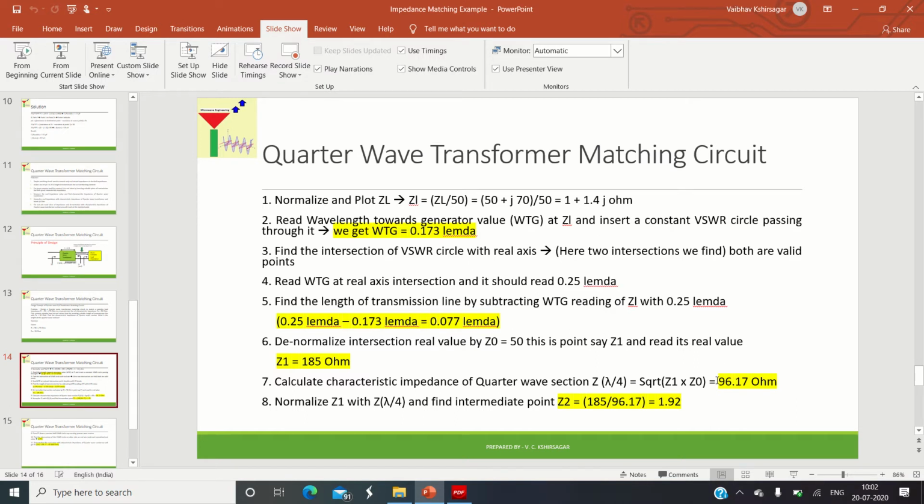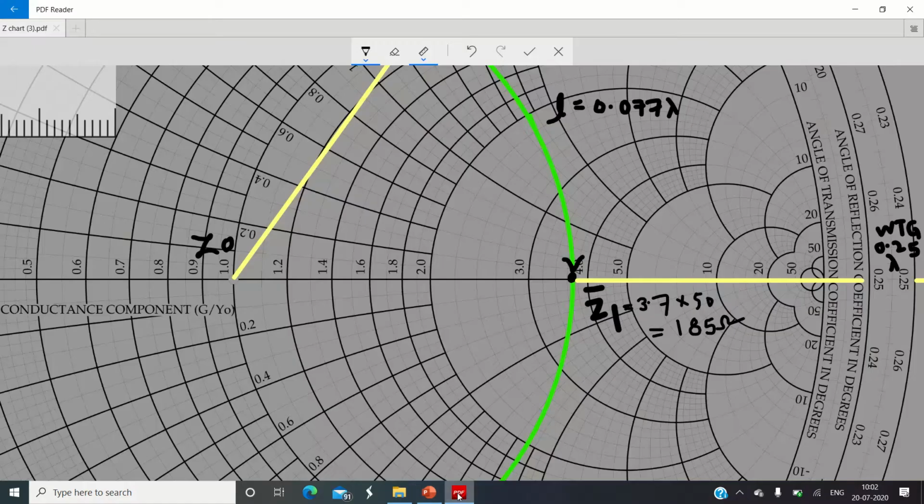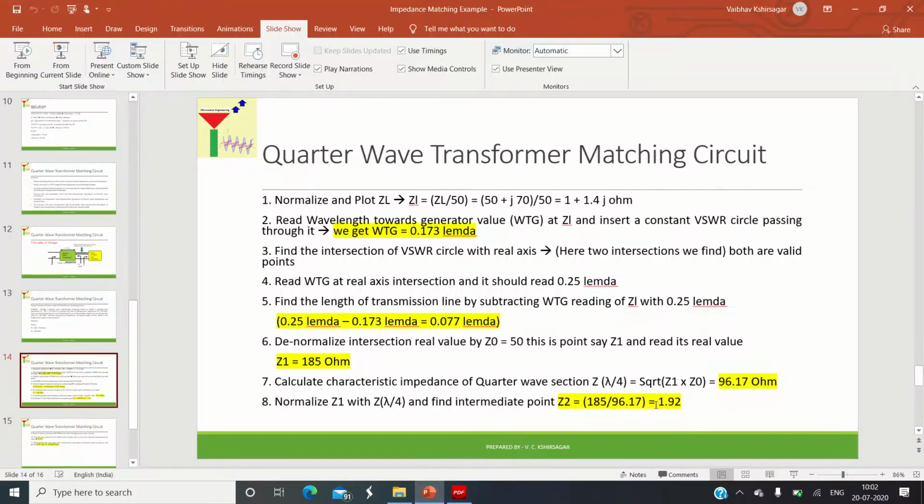Once we have the characteristic impedance of the quarter wave transformer, the next step is to normalize the value of Z1 with the characteristic impedance of the quarter wave transformer. Z of lambda by 4 that we have calculated is 96.17.